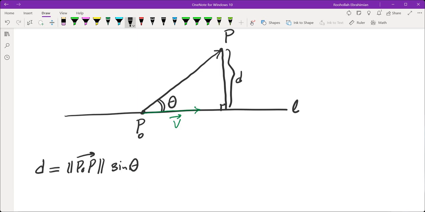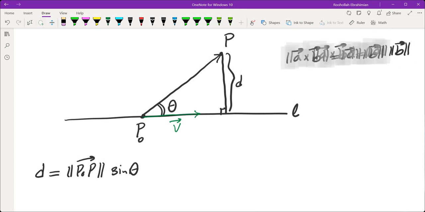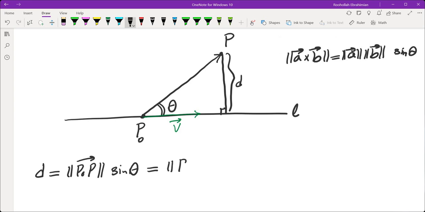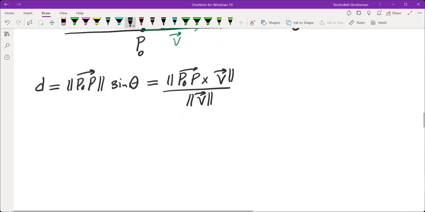Just to remind you, sine of theta appeared in the cross product. The magnitude of the cross product of A and B was the magnitude of A times the magnitude of B times the sine of the angle between the two vectors A and B. So if you want the product of one vector's magnitude and sine, we have to take the cross product of P0P and the vector in the direction of L. That is V. And then we have to divide by the magnitude of V. And that's the formula for the distance.